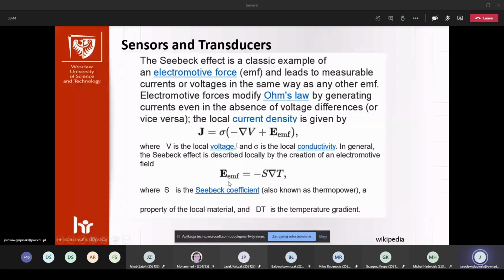This is the Seebeck energy, and we've got the Seebeck constant and the difference of the temperature. The Seebeck constant, of course, is different for different connections, different materials, but we know how to measure it, and it is tabulated. So we can calculate the energy which is connected with this sensor made of two kinds of metal.